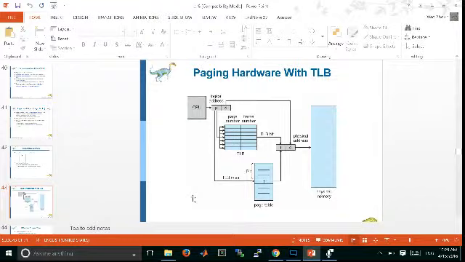Yes? Is the content of the page table itself subject to caching? No, it's not. The kernel is going to exclude it from caching and control the cache.